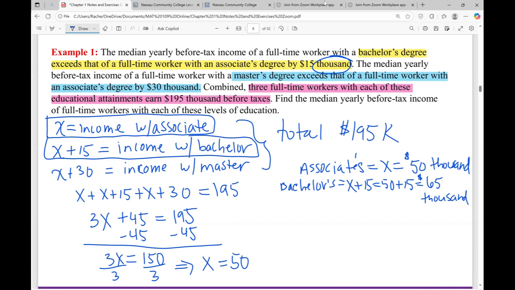And now somebody with a master's degree is going to earn X plus 30, where X is 50, right? So it's going to be 50 plus 30, which is 80,000.